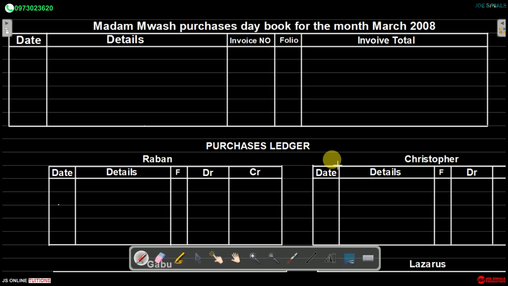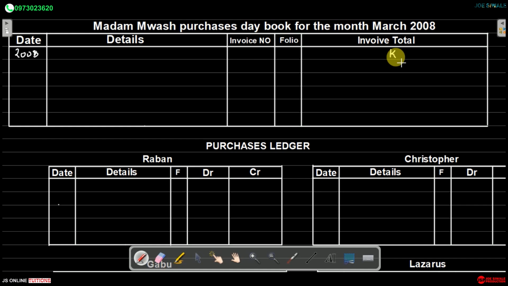So that's the first thing that we're going to do. We know that the year that we are using is 2008, so we're going to write down our 2008. Then we also know that the currency that we are using is kwacha, so in the invoice total there, we're going to put our K.